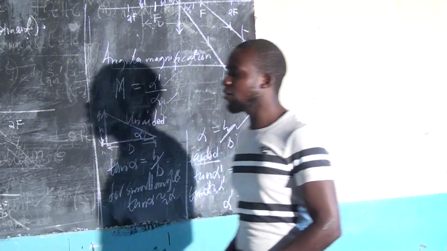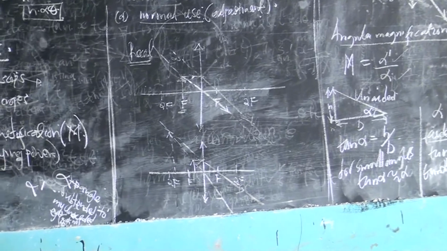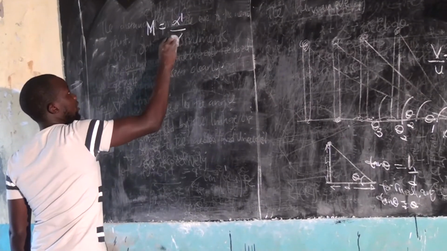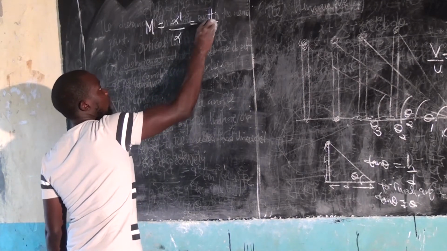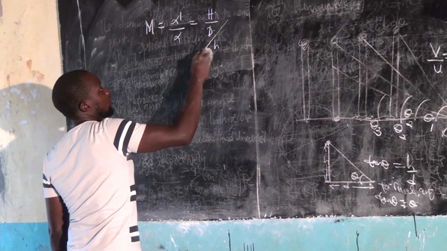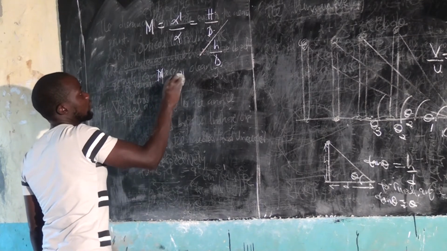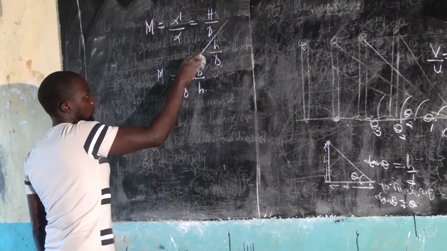Now, because you have alpha prime and alpha, you can find the angular magnification now. Alpha prime over alpha: the alpha prime is H over D, but the alpha is H over D. So angular magnification becomes H over D times D over H, like that.